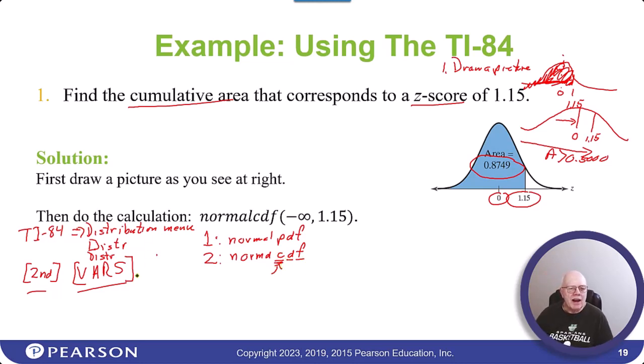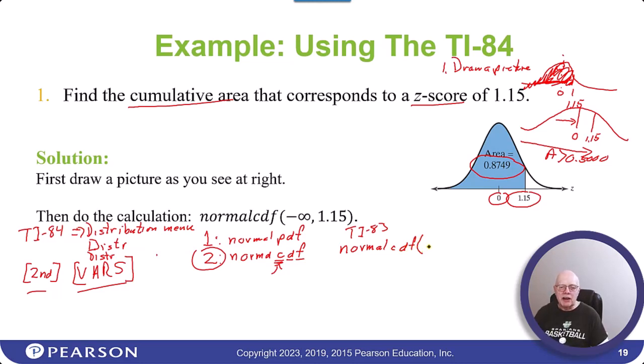Now once you're there, I'm going to give the instructions in case someone has a TI-83. If you have a TI-83, this is what you'll need to do. As soon as you hit the 2 to get the normal CDF, on your screen you'll see normal CDF and a left parenthesis.